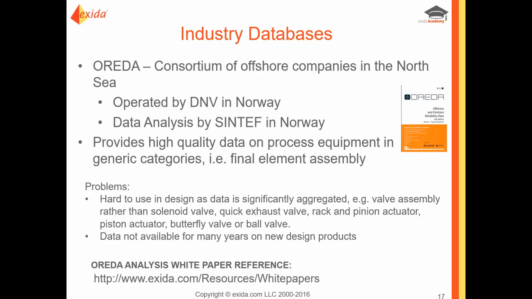But you can look back at the ORIDA report from 2009 and earlier and get a whole lot of trend information as well as very good data. Now, I would like to mention that there is an ORIDA analysis white paper that was done by exida, and we explain exactly what we were doing and how we did it.